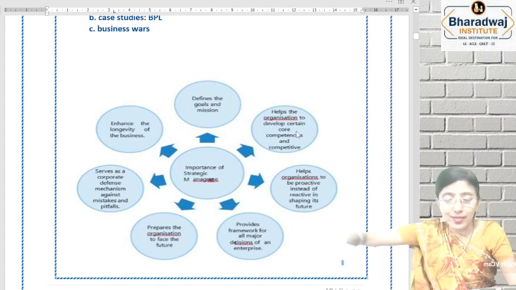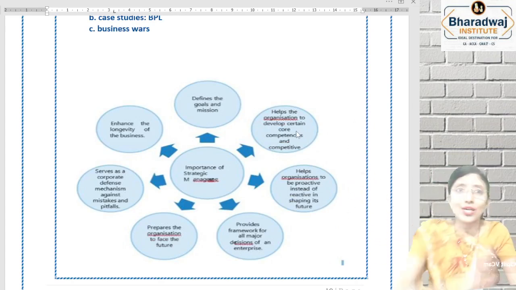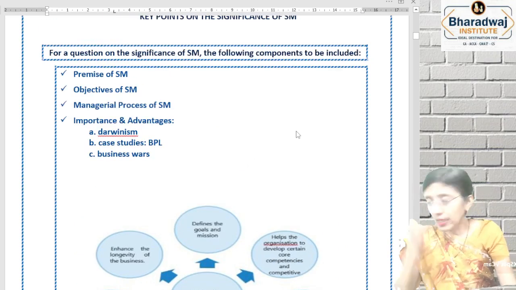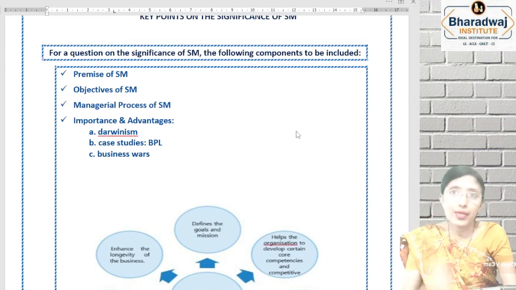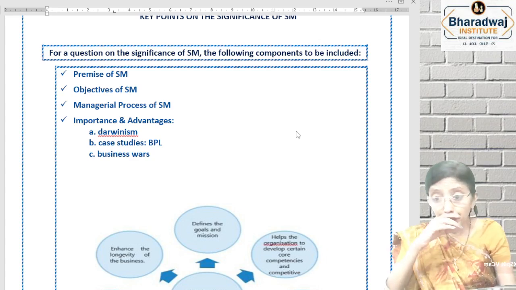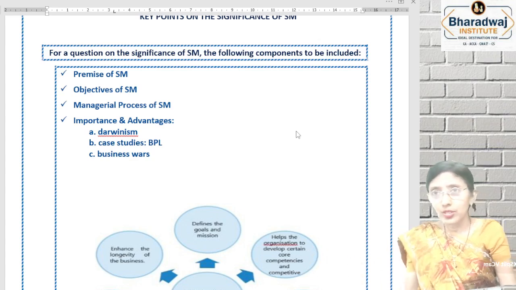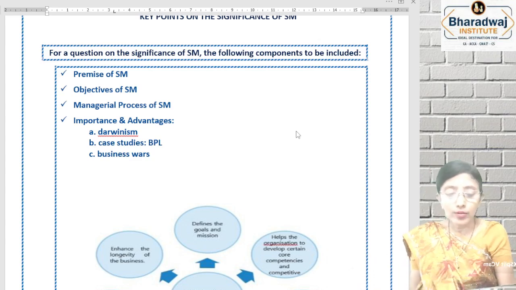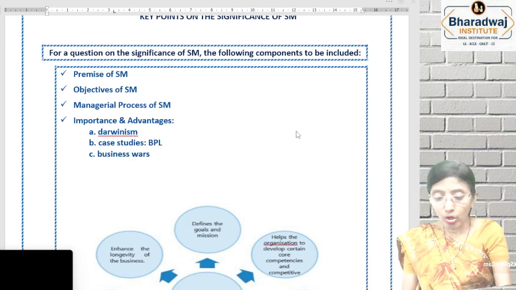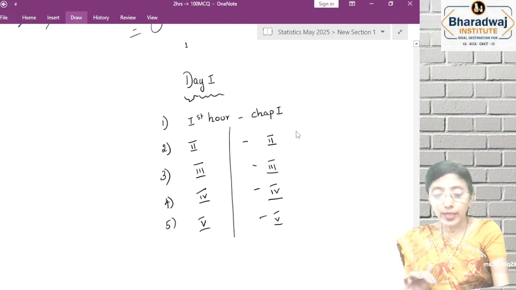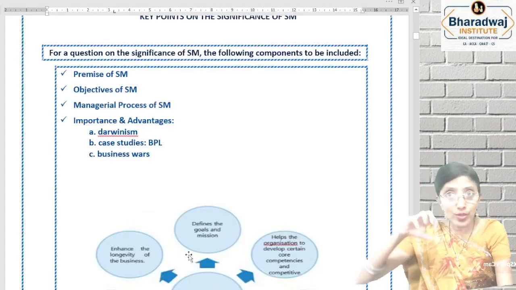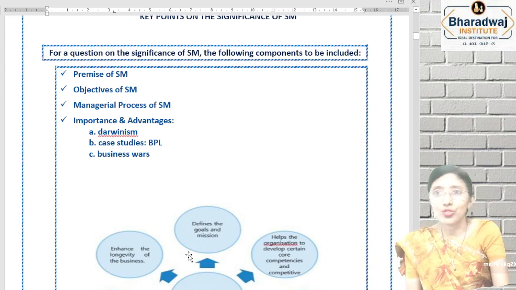What can you make? You can draw a chart like this and give the importance or limitations within the chart. Write case studies. In the class we discussed BPL, if I am right. We discussed how BPL lost market because they were concentrating on some family problems or litigations, as a result of which their focus on business got lost.